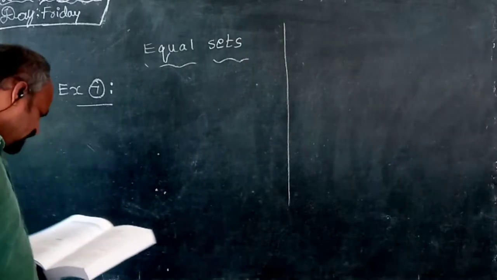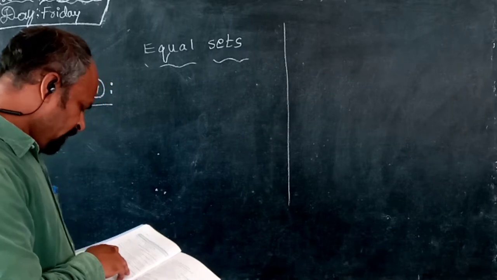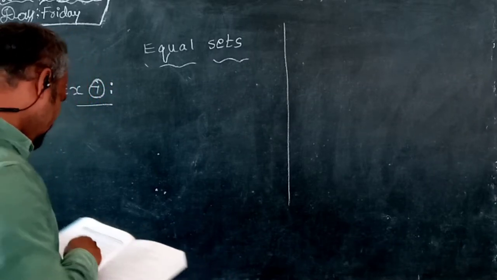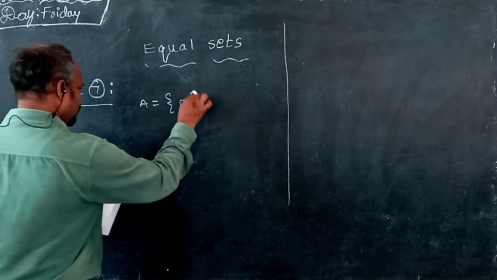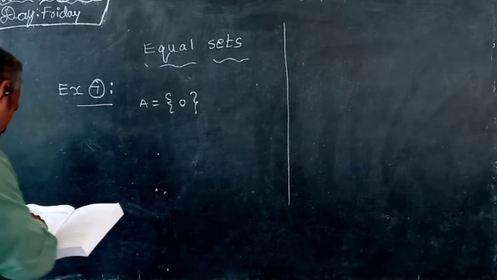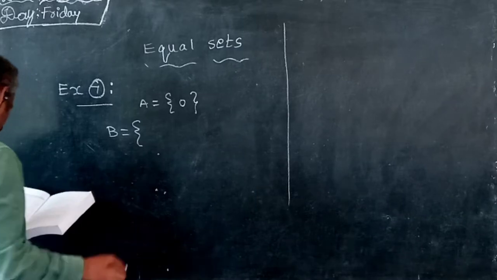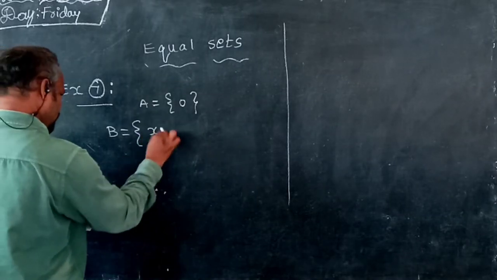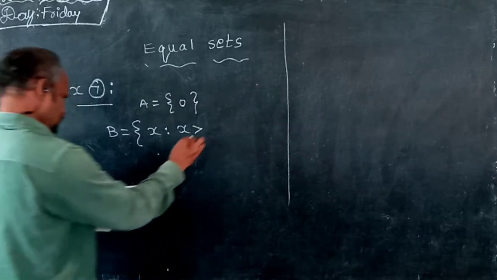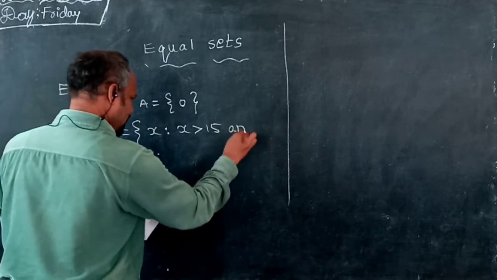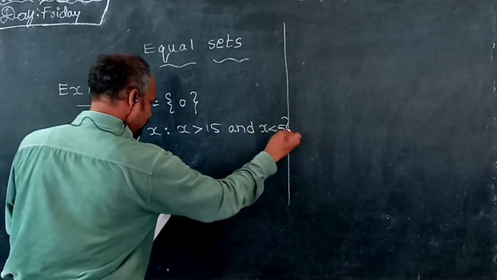Example 7 in your NCERT textbook. Find the pairs of equal sets, if any, and give reasons. So let us see what they have given. A is equal to {0}, an element. Next, B is equal to {x such that x is greater than 15 and x is less than 5}.